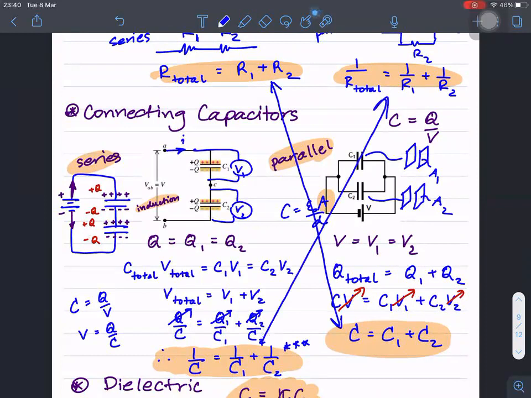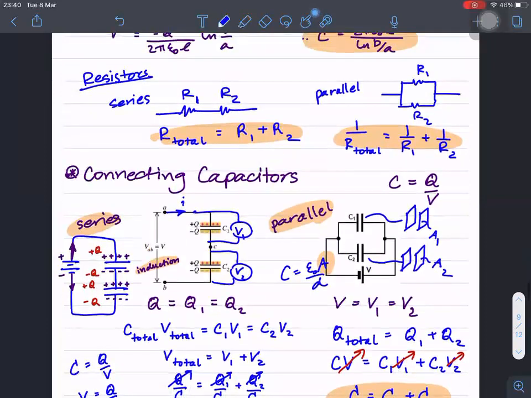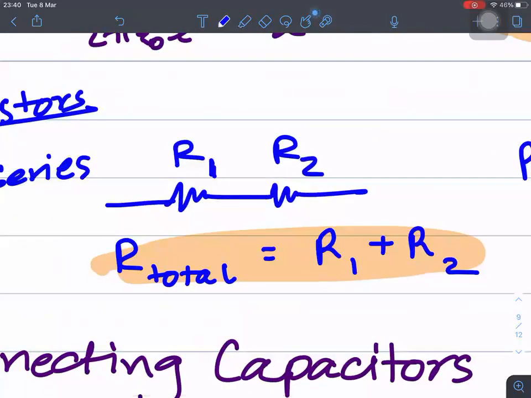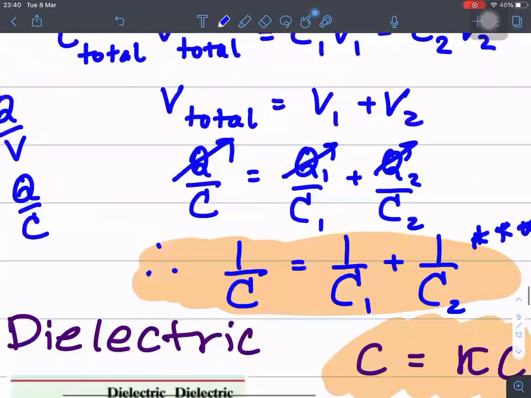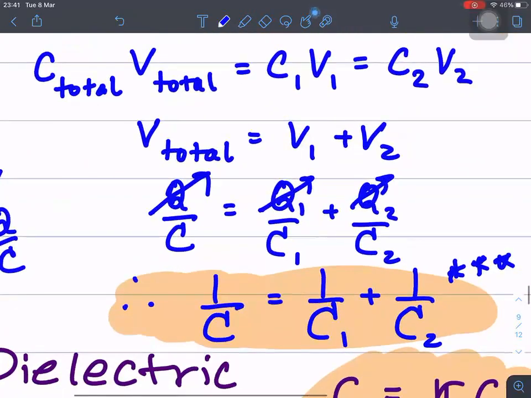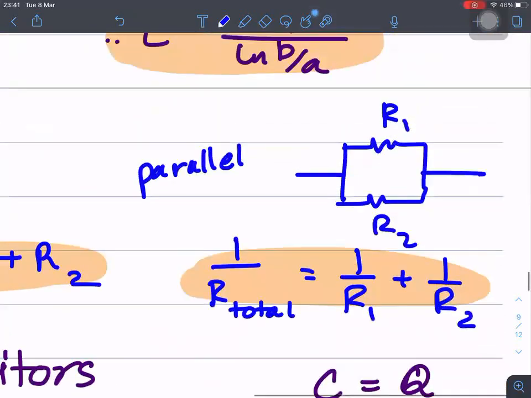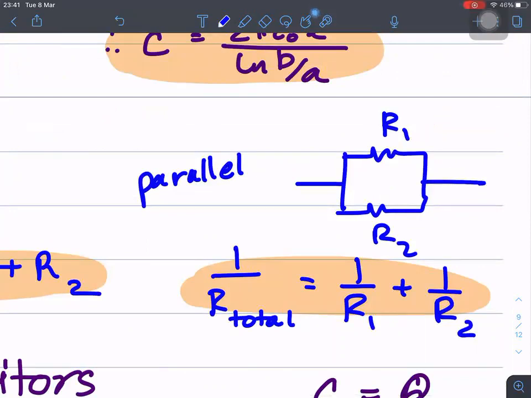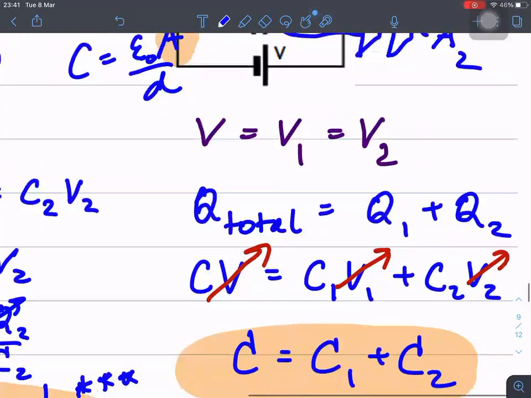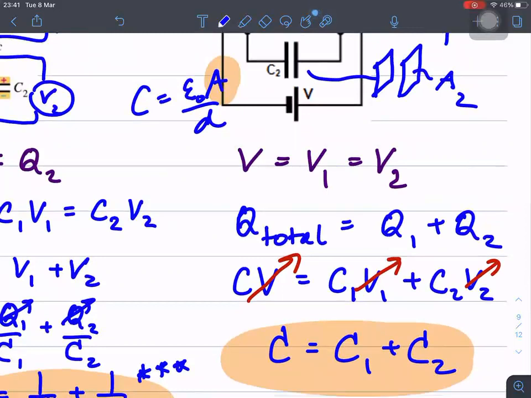If resistors are connected in series, you simply add up the R. But if your capacitors are connected in series, you need to add the inverse of C. With the parallel configuration, the total resistance for parallel R1, R2 can be found by adding up the inverse of R1, R2. But for C in parallel, we just add up the capacitance in the system.